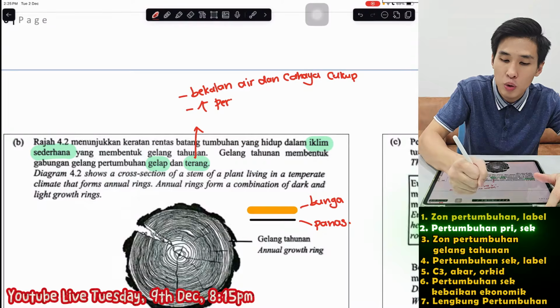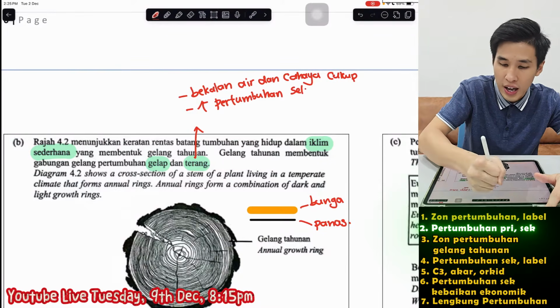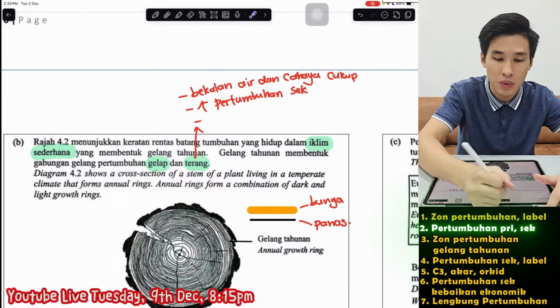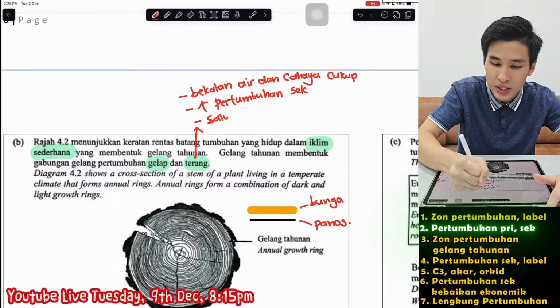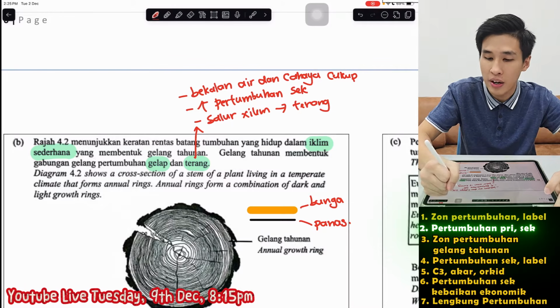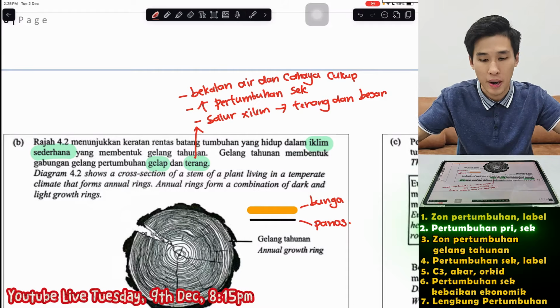So we can say lebih pertumbuhan sekunder berlaku. And then the rings, right, are actually xylem sekunder, but we will say xylem. So xylem yang terbentuk, dia akan lebih terang sebab lebih air. So lebih air dia lebih terang warnanya, and dia lebih besar because ada lebih pertumbuhan.